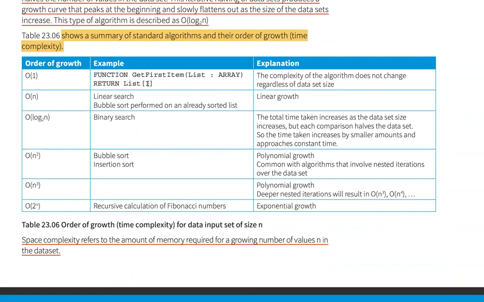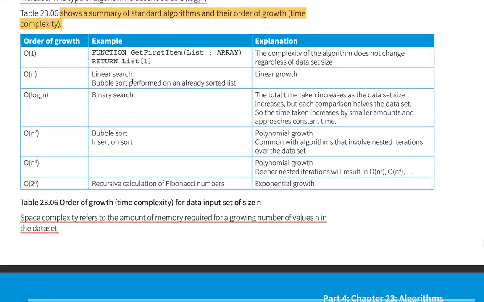I'm simply accessing one index position. No matter how big the array is, it doesn't matter. There is no change in the algorithm and no change in the complexity, because I'm just concerned with the first index position only.